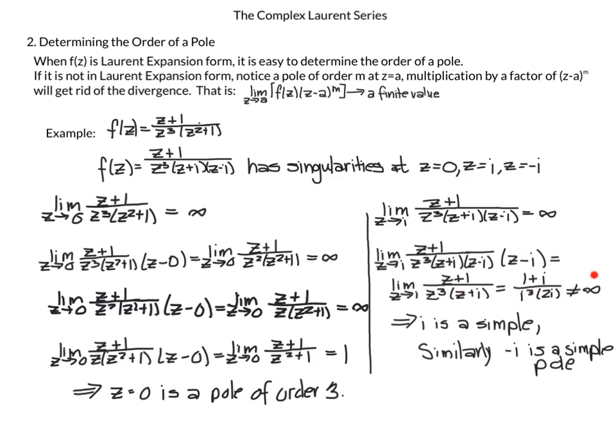So this is some number, but in particular, it's not infinity, so it no longer diverges. We had to multiply by one factor z minus I, which makes I a simple pole. Similarly, we can find that minus I is also a simple pole.